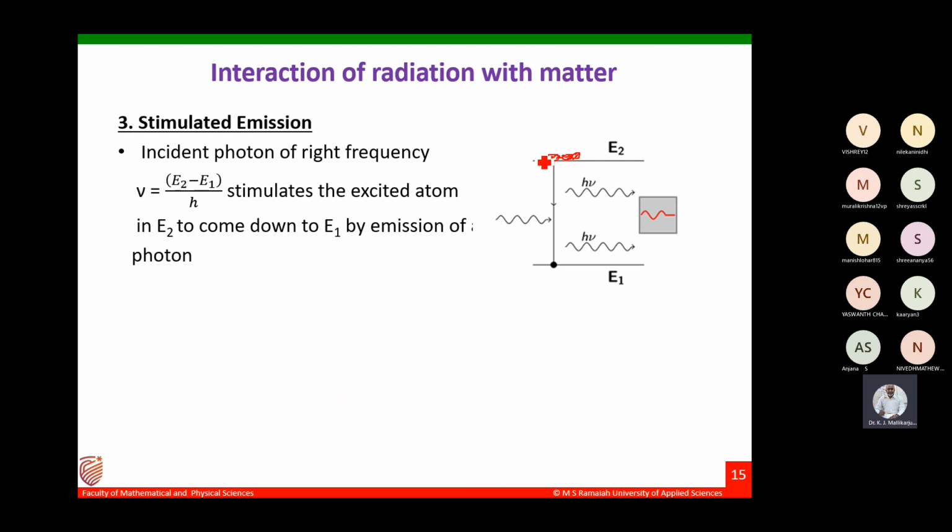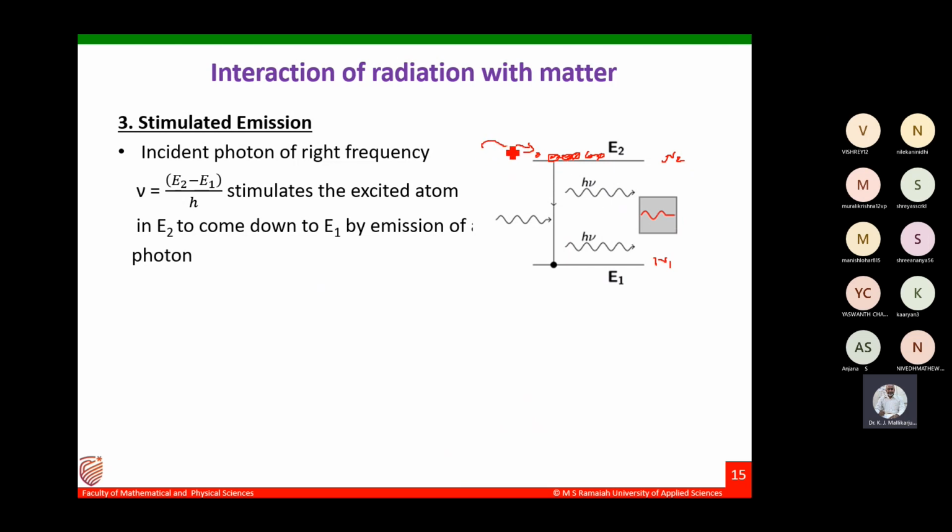Of course, absorption has to happen to make atoms go to a higher energy level. But let us assume that atoms are by default already in this state. At that point, my external radiation interacts with the matter, where we have two energy levels, and the population in these two energy levels is given by N1 and N2.